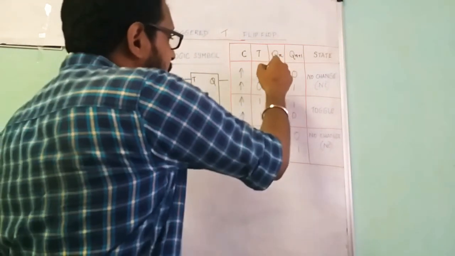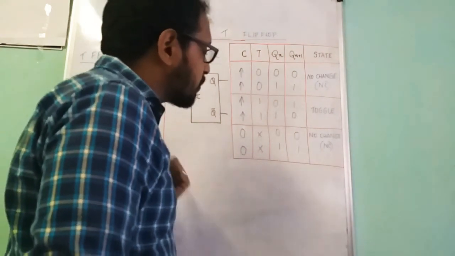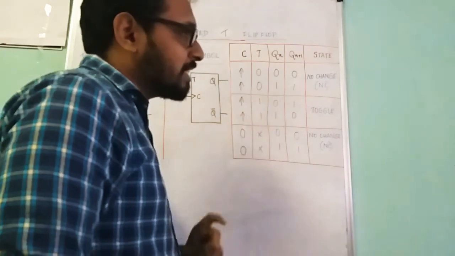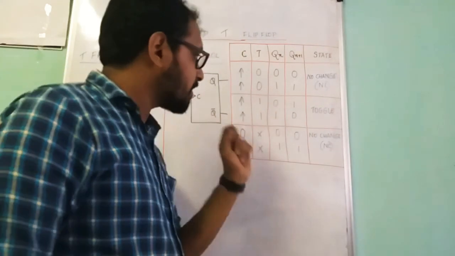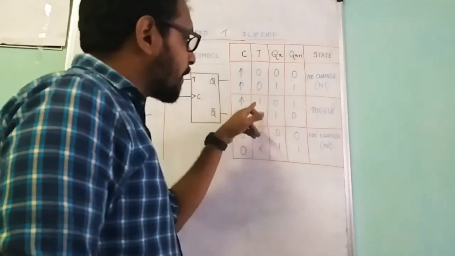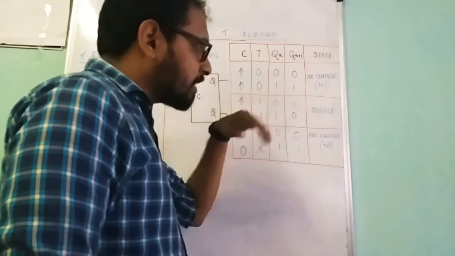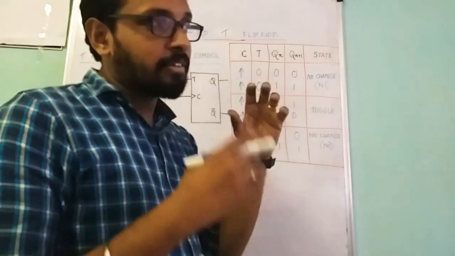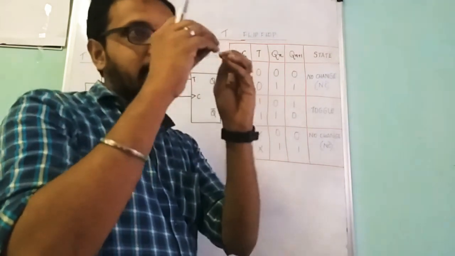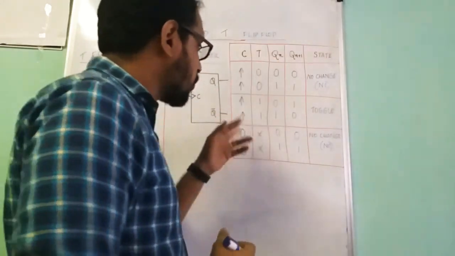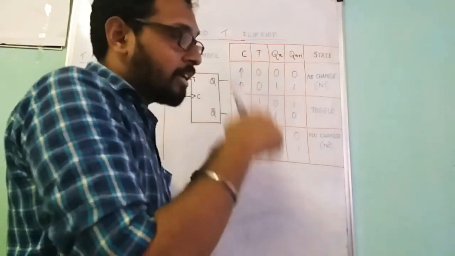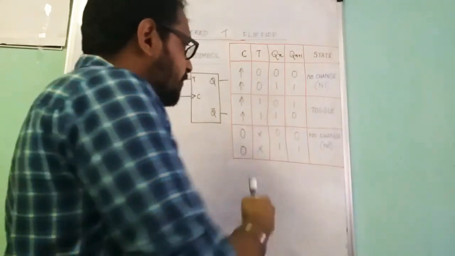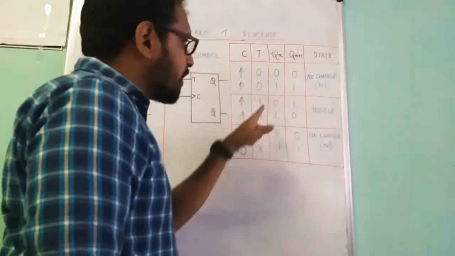That is, when the value of T is low, that is 0, no change will be there, and when the value of T is equal to 1, we should understand that it is going to be the toggle condition. On each clock pulse, here we have positive edge triggering. When each positive edge trigger pulse is given and the value of T is high, it will toggle.